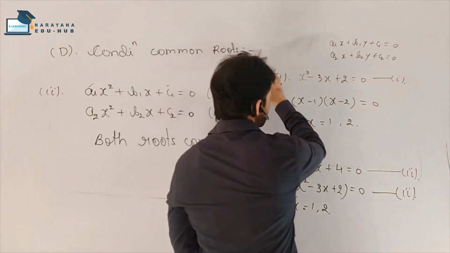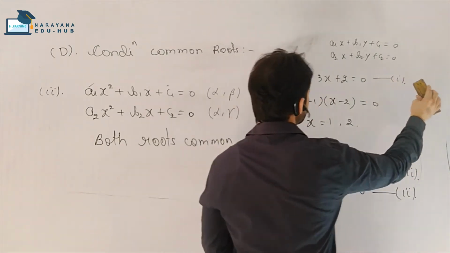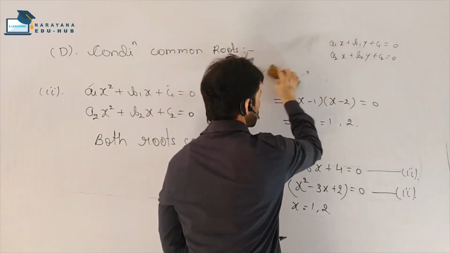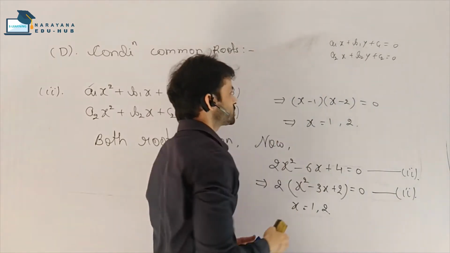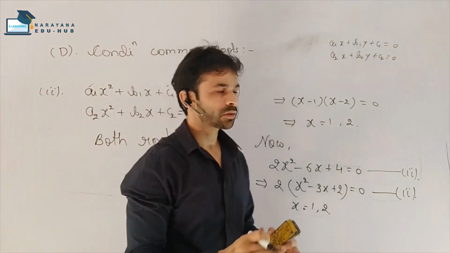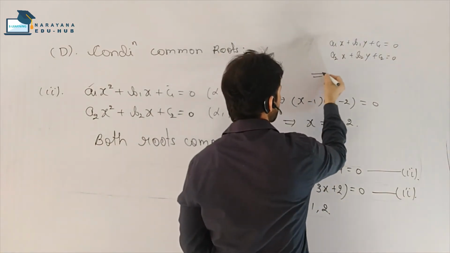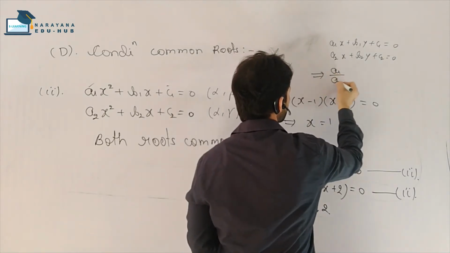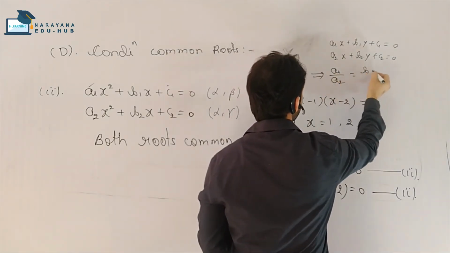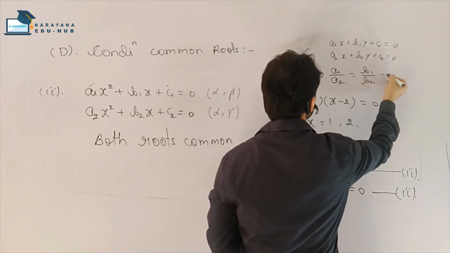Equations identical means what? It means the ratio of the coefficients is the same throughout, means a1 by a2 is equal to b1 by b2 is equal to c1 by c2.